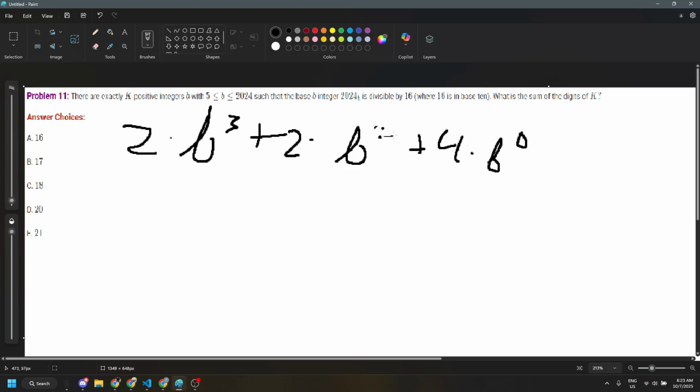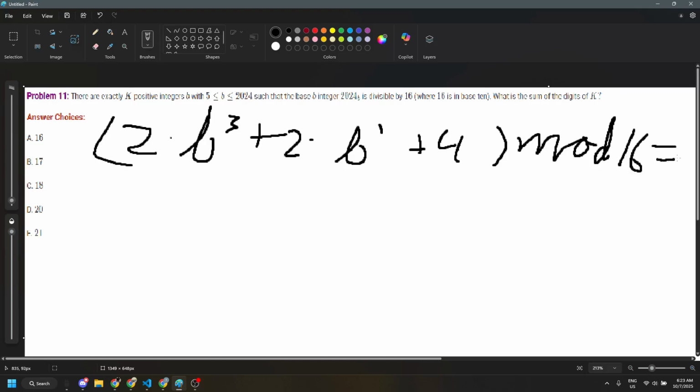And this is b to the 1. Then I'll just make this 4. And then we have this entire thing mod 16 is 0.